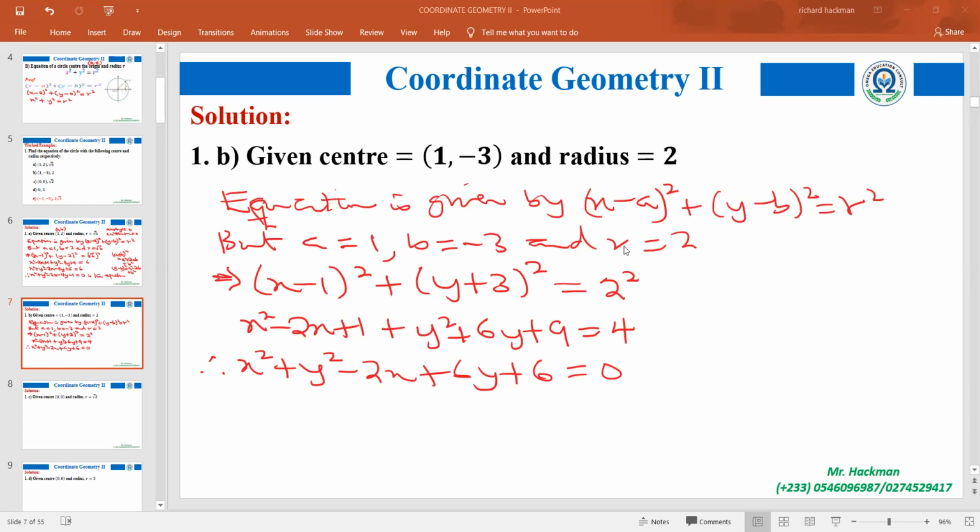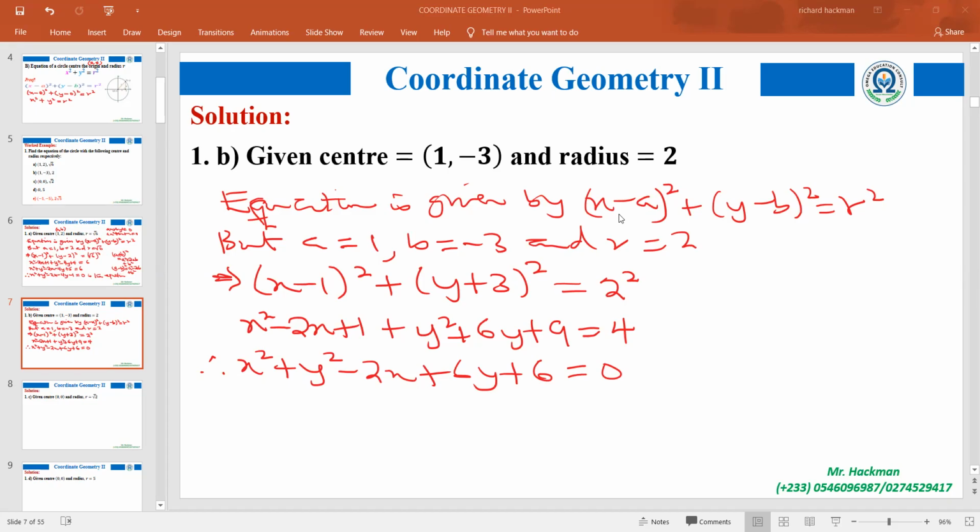Okay, maybe you didn't get my point well. I said here the center is (1, -3). R will always represent your radius. So I can write radius r, because the formula will involve a, b, and r together with your x and y.